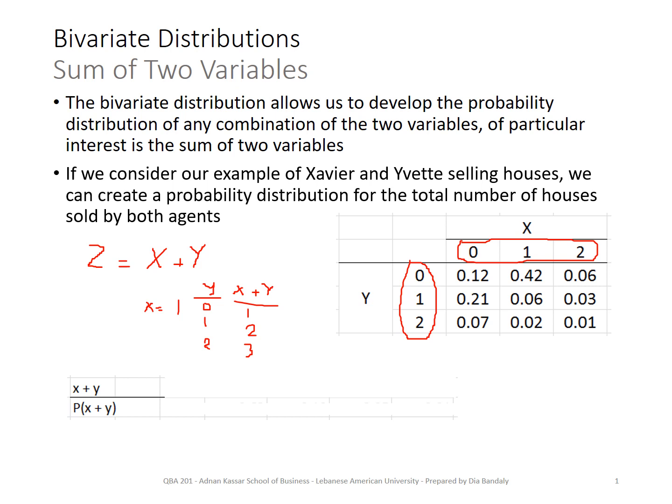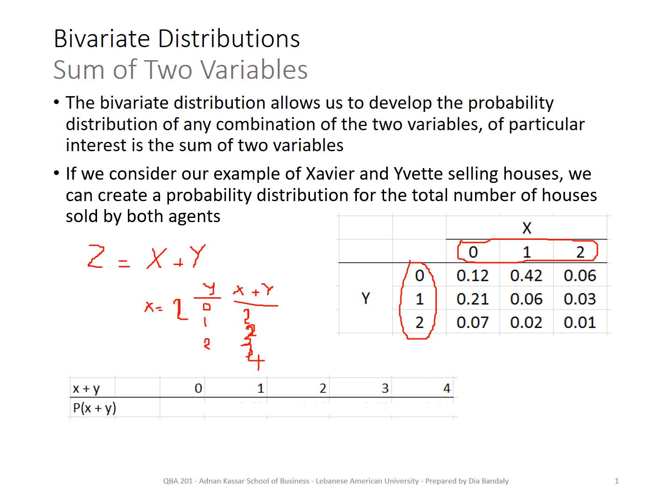And finally, the value of X can be equal to 2, and for these values of Y, X plus Y then becomes 2, 3, and 4. So what can we conclude? That X plus Y can take the values of 0, 1, 2, 3, and 4.